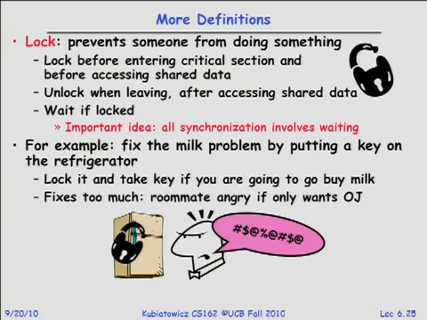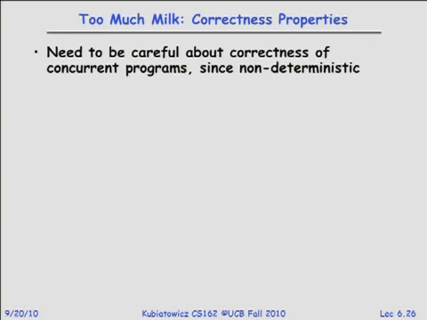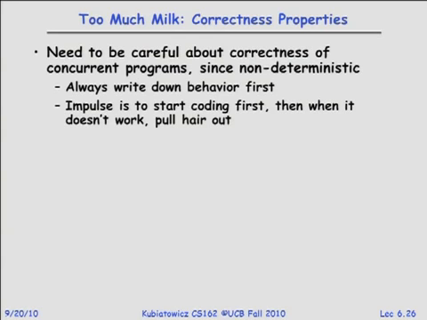So what are some correctness properties for this issue? We want to make sure that we don't get non-deterministic behavior, so we want to think through what we really want out of this. The reason we're going to do this, by the way, is that the impulse is to start coding. And let me just tell you, if you start writing code before you come up with your correctness properties, you will get bad code.